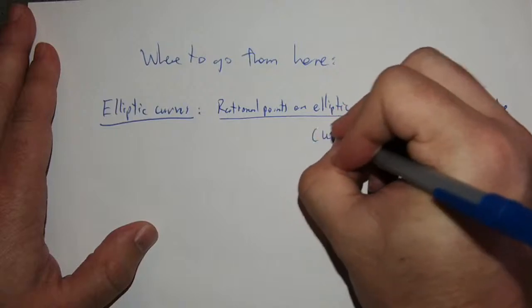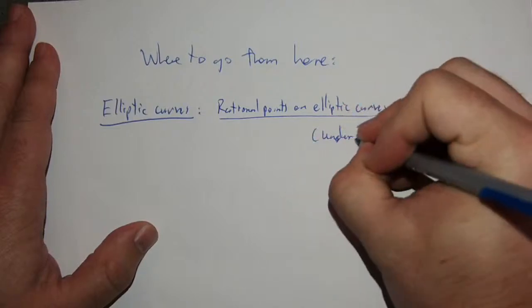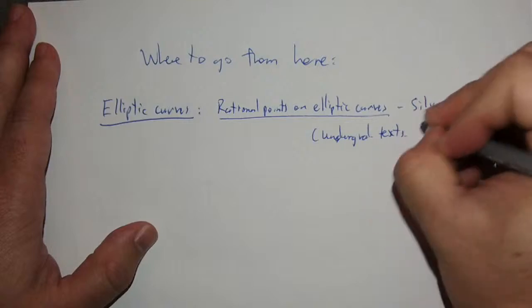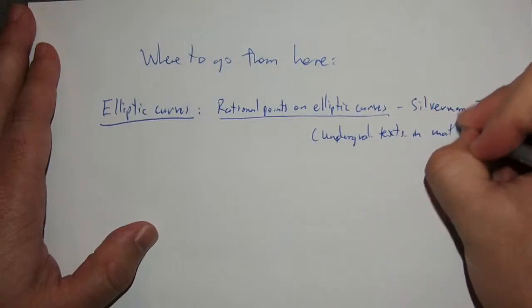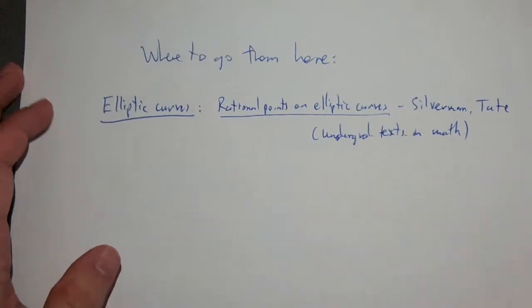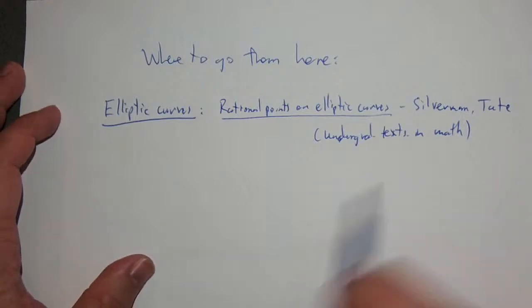This is an undergrad text in the Undergraduate Texts in Mathematics series, I think. The older version looked cool. The newer version is all shiny and doesn't have as much soul, but it probably fixes a lot of errors or something. But I really like the way the older version looks. So this is the undergrad version.